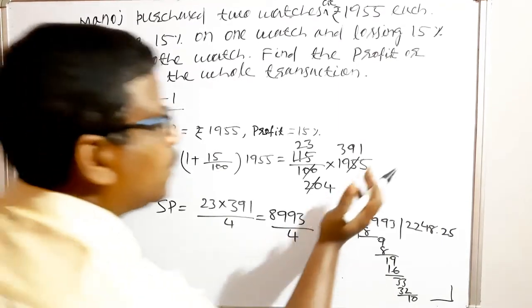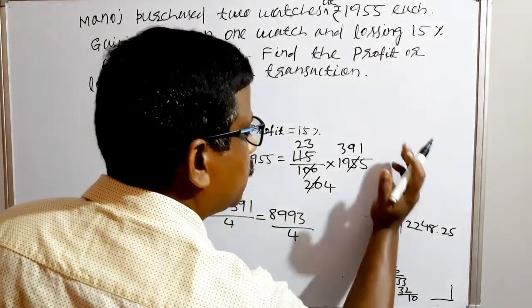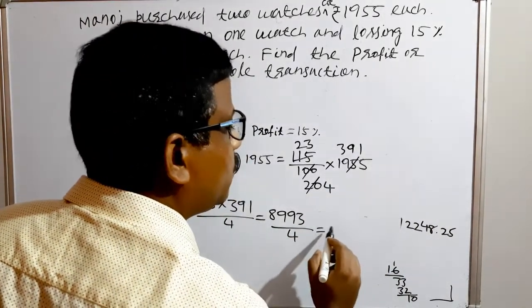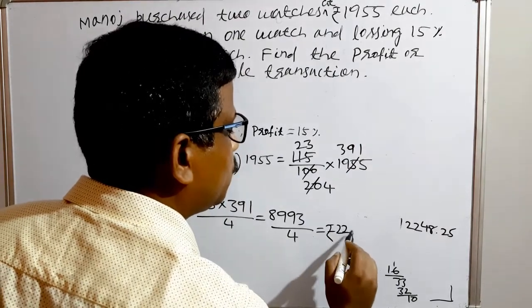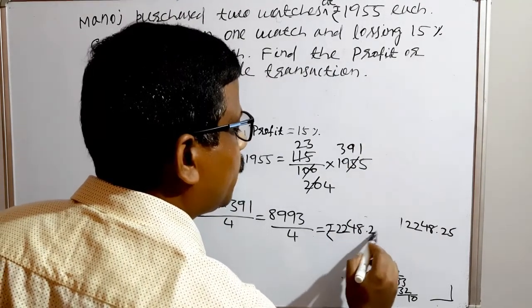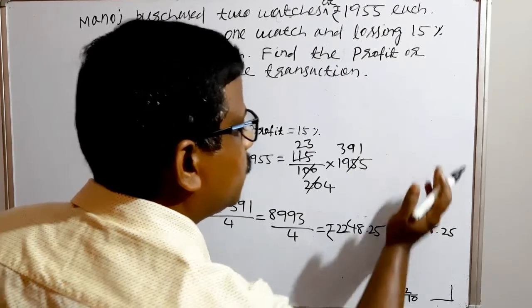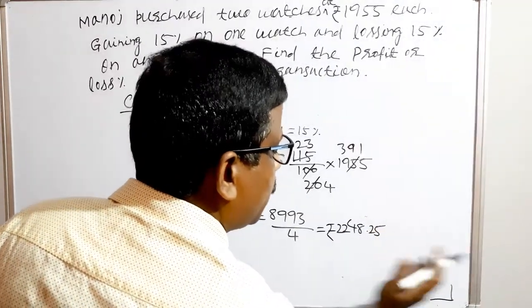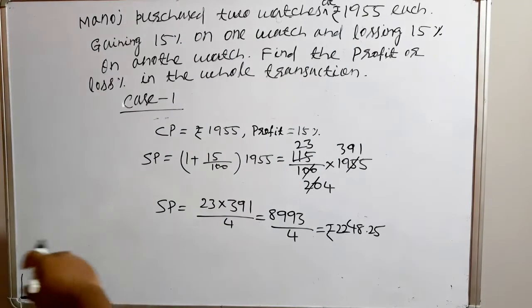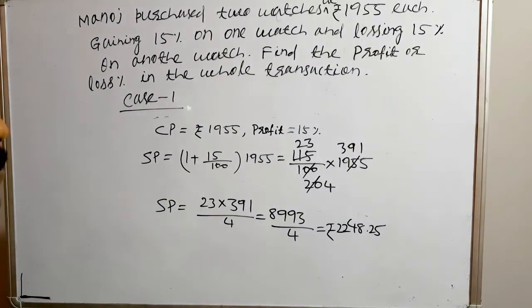So I am writing here SP is equal to rupees 2248.25. Here you get the SP of the first case.